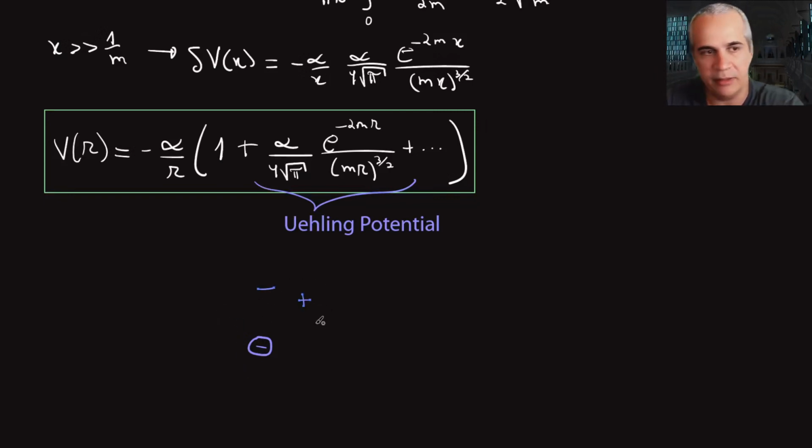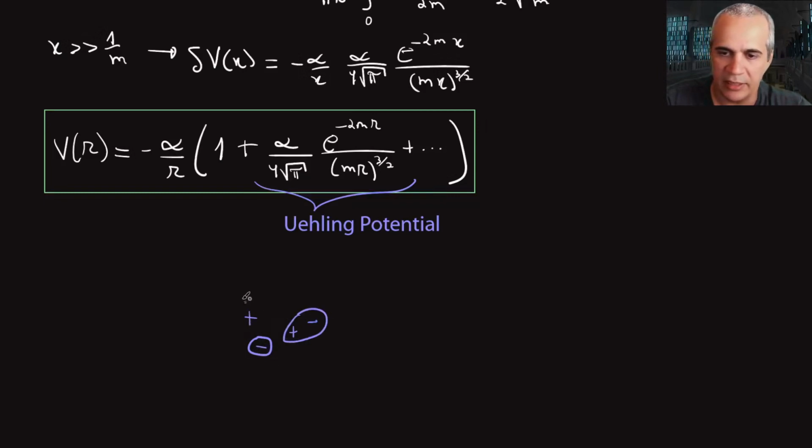The vacuum starts acting like a dielectric, because on average the positrons will be closer, they will be attracted, closer to the electron in the origin than the electrons will be. And that creates a cloud that is polarized in this way. So you can model this potential using that idea, right?